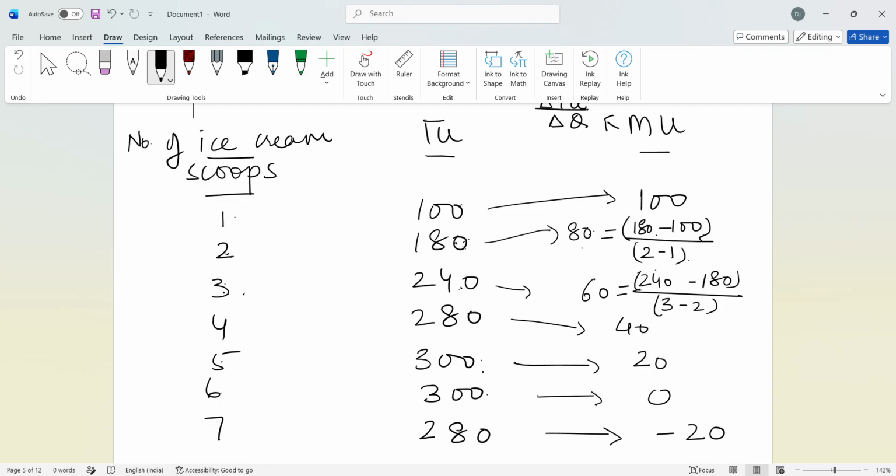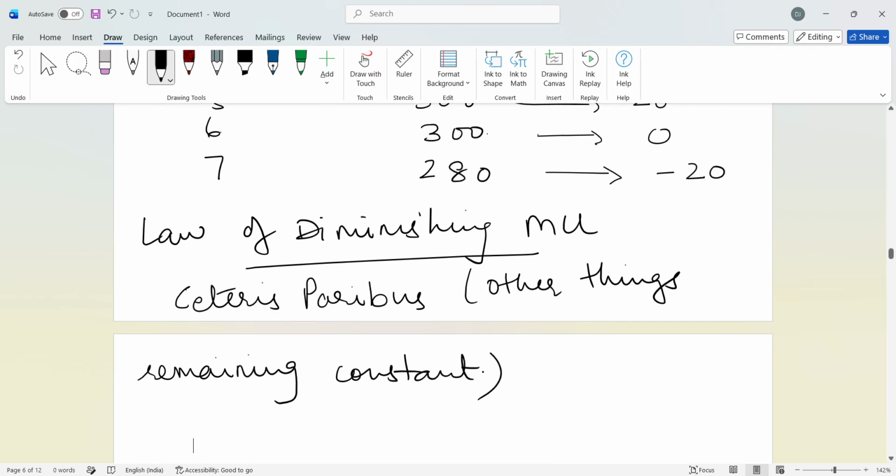Under those assumptions and keeping other things constant, if we keep on consuming the product, then the marginal utility that we derive from the consumption of the product keeps on declining right from the second unit. That's what the law says. It's an important law, and you can experience this law in your everyday life. It's called the law of diminishing marginal utility.